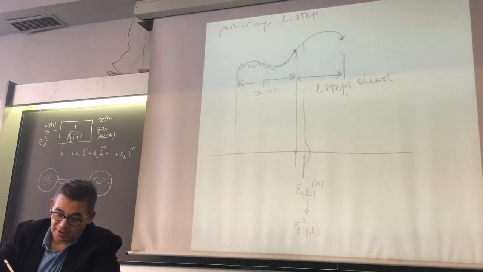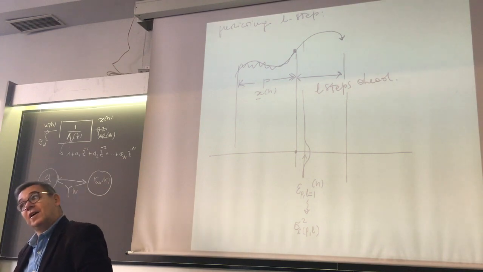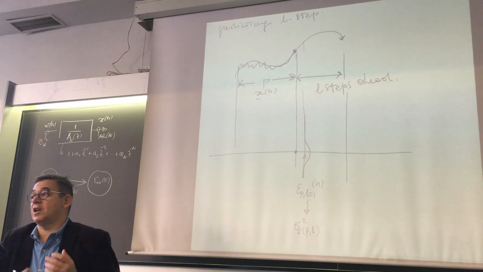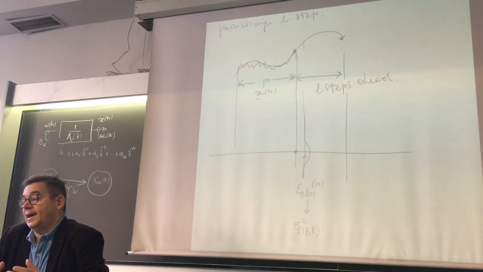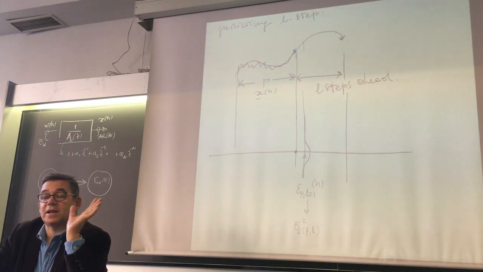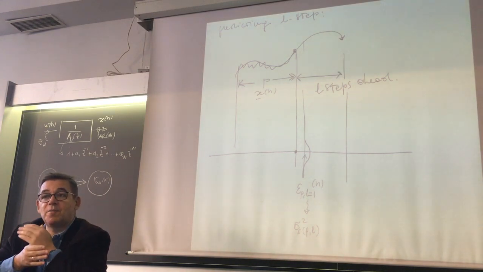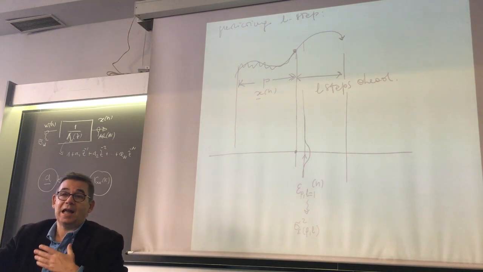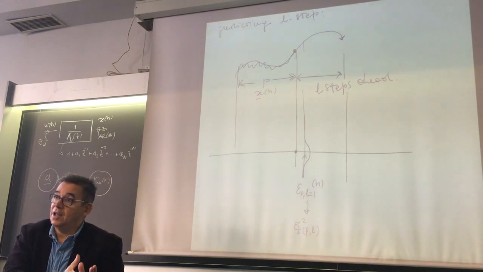What's happening if I try to predict very far away? Intuitively, without touching any equation, if I'm making a prediction one step ahead, I get a certain error.